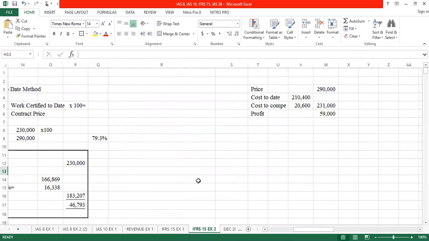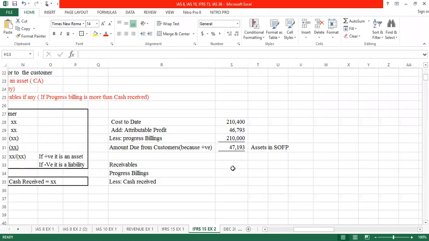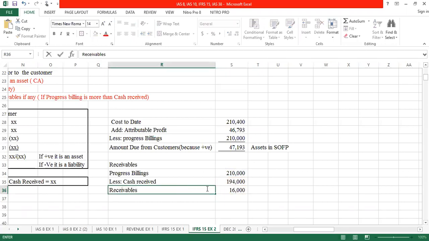In most exam questions, they are the same. If they are the same, there are no receivables. But here there are receivables: 210 minus 194. So this one also is an asset in the statement of financial position.